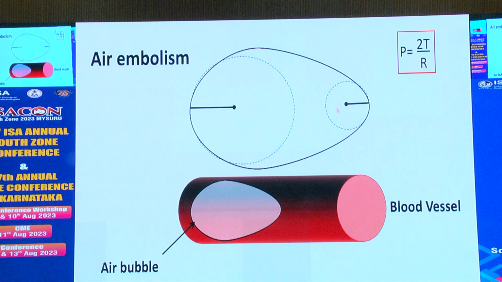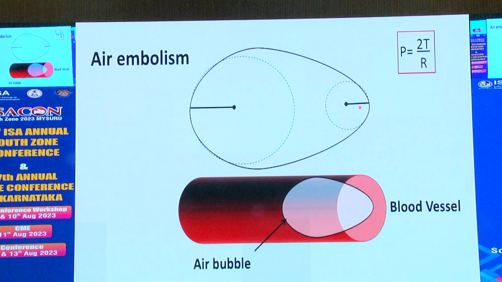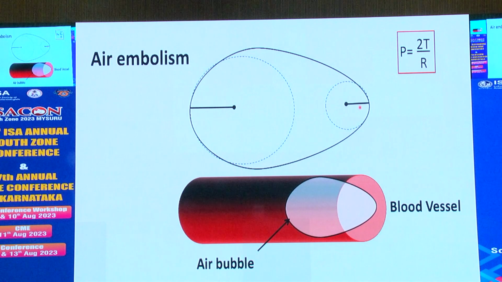So, according to the law of Laplace, here the pressure is going to be more. That is the reason that when the bubble moves from one end to another through a capillary, the pressure keeps on reducing towards the periphery. The moment the pressure is reduced, the air bubble just sticks to the capillary wall and blocks the lumen. That's how air embolism happens.